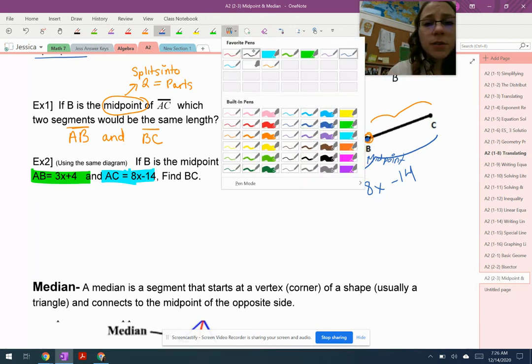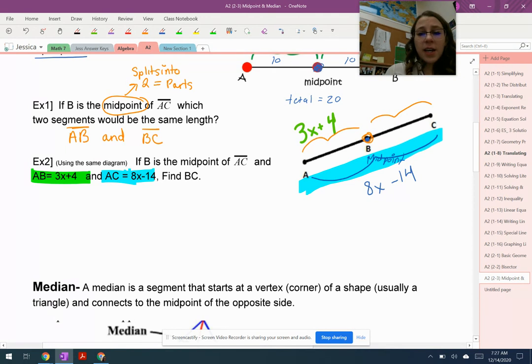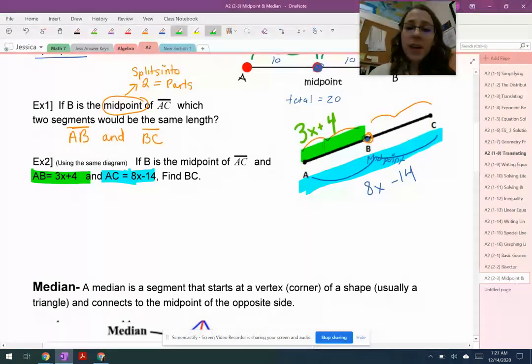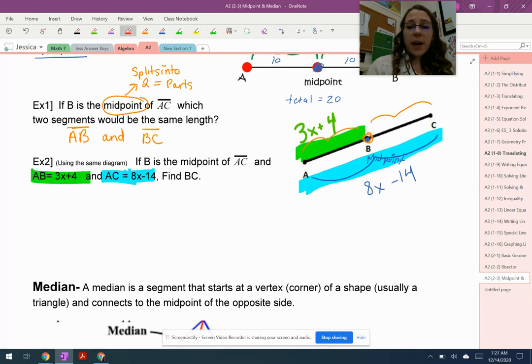Okay, so we're also going to get that highlighter back out. So that whole distance is 8x minus 14, whereas only half of that distance is the 3x plus 4. They're asking me to find BC.